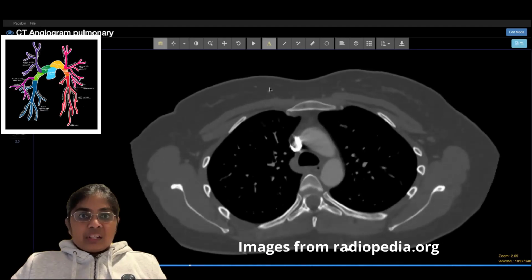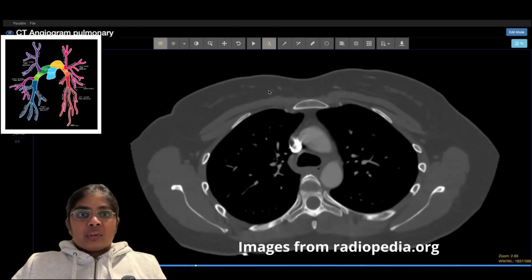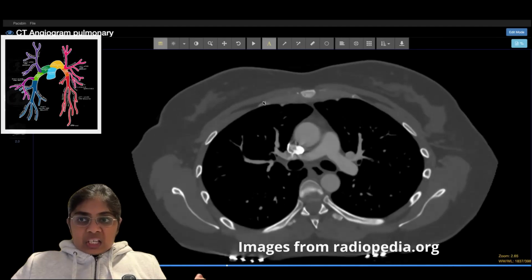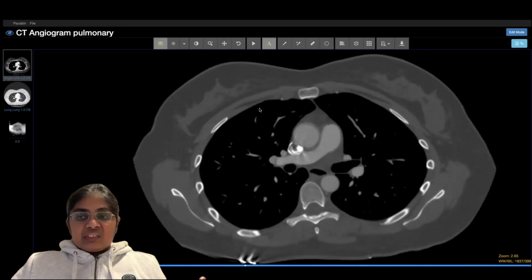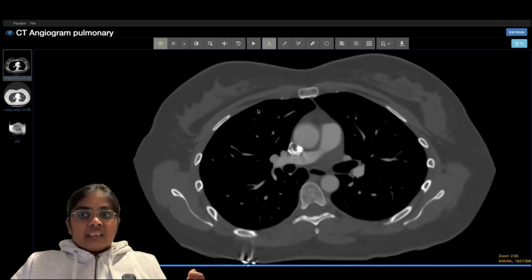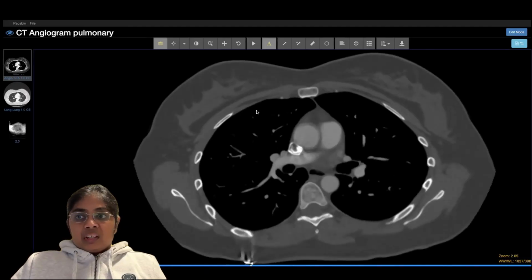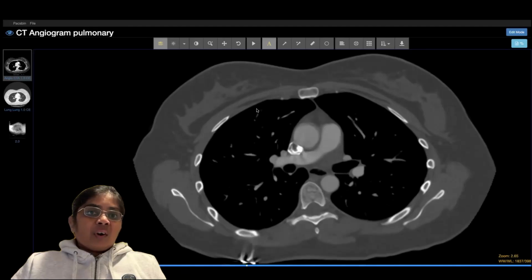And in the middle lobe, you've got the middle lobe artery, which has medial and lateral segments, and so on and so forth. I look at each of these segments and subsegmental branches to ensure that they've got contrast in them, and there's no filling defect.